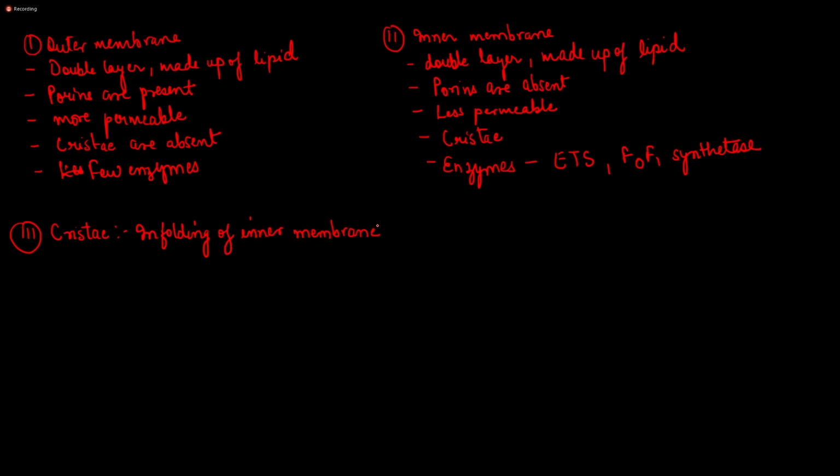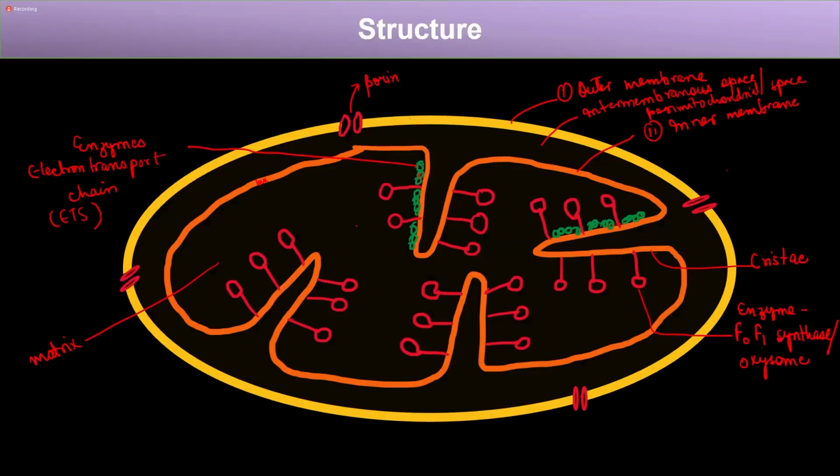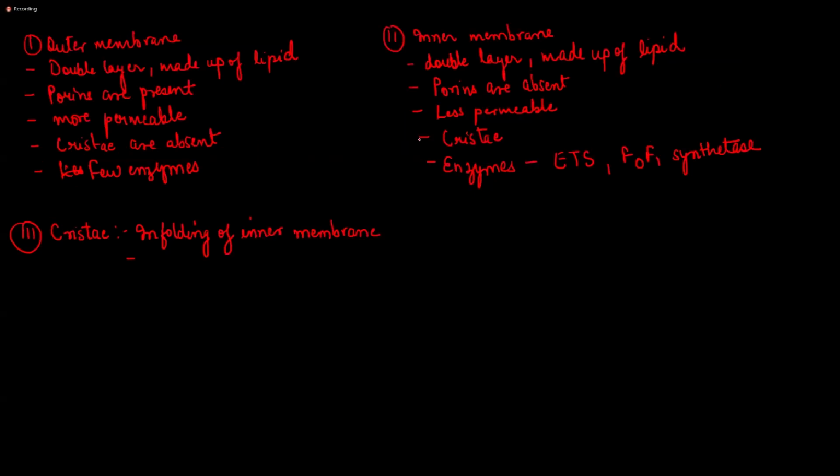So the cristae is infolding of the inner membrane, and it is on the cristae that the F0 F1 synthetase and the enzymes for ETS are present, right?